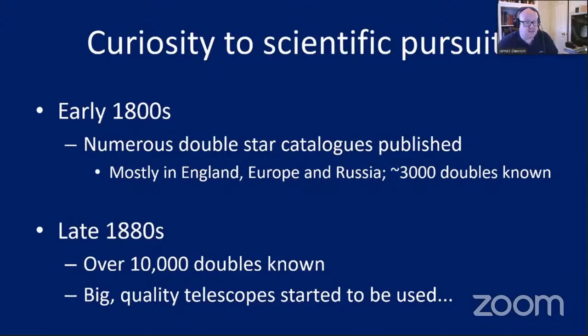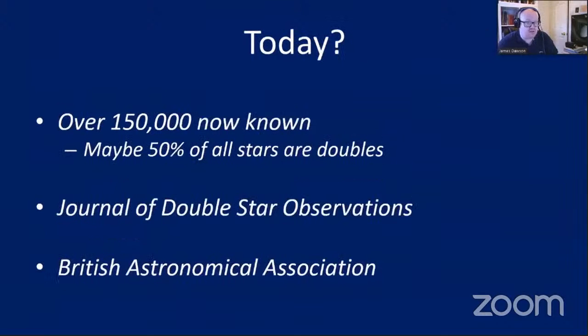By the end of the 1800s, about 10,000 doubles were known, and this is at the point where the big aperture telescopes were coming online in America, Australia, South Africa, Russia. So optics were improving, aperture was improving, so more and more could be determined. So today there's over probably 150,000 known doubles.